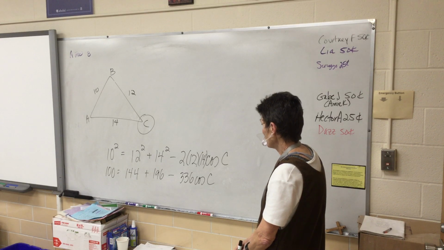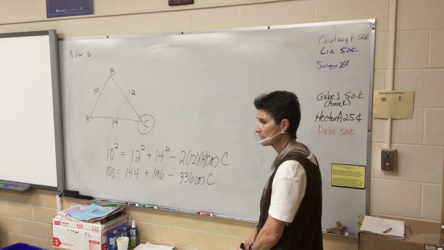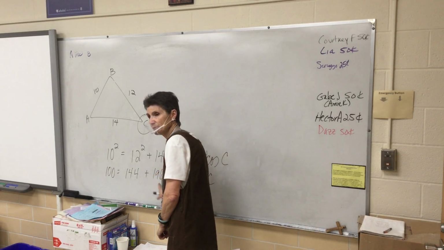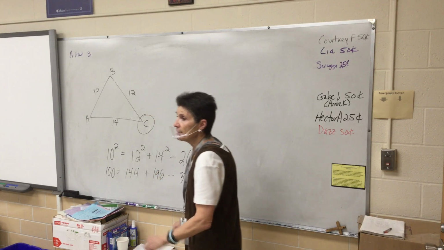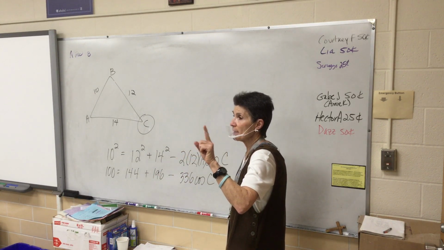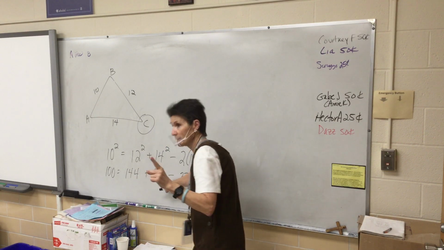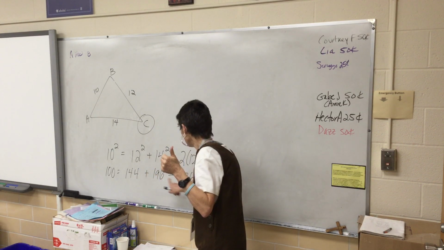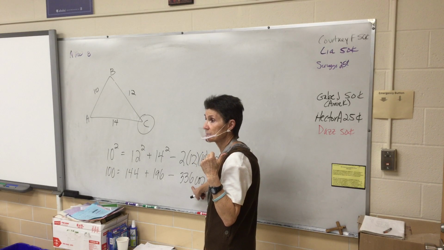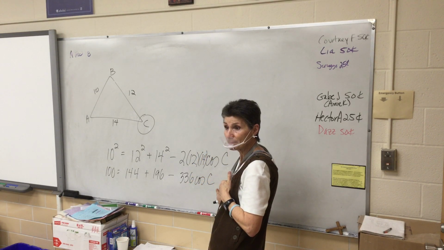Okay. What do you think I should do next? Maybe add these together? Now, over the years, I grade a lot of papers, and a mistake that's made over and over is kids will add 144 to 196, perfect, but then they'll subtract 336. You can't, because that 336 is hooked to a cosine.